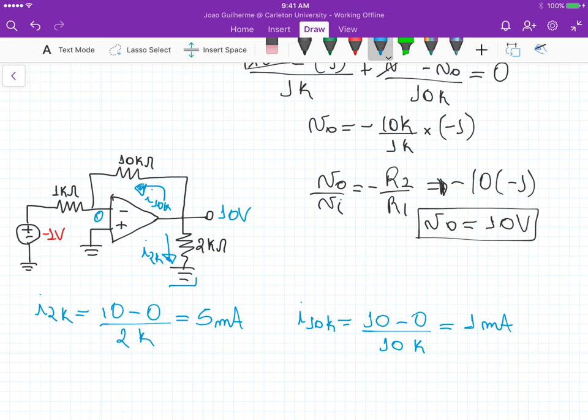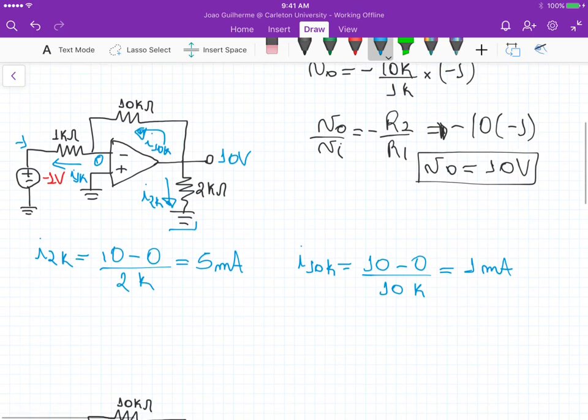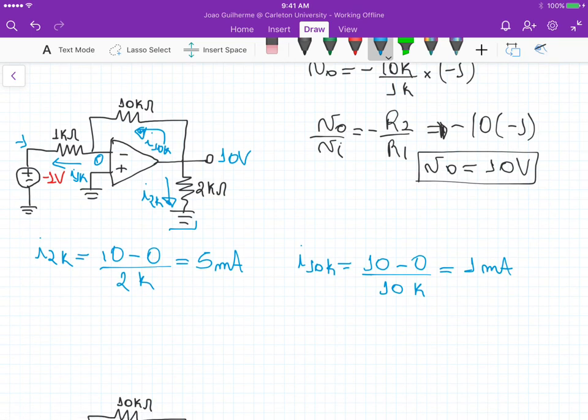In here we also have a current flowing in this direction. Remember, this is minus 1 volt, so this is I1K. And as you know, I10K should be equal to I1K because we don't have any current flowing inside the op amp. So I1K is equal to 0 minus minus 1 divided by 1K, and that's equal to 1 milliamp.